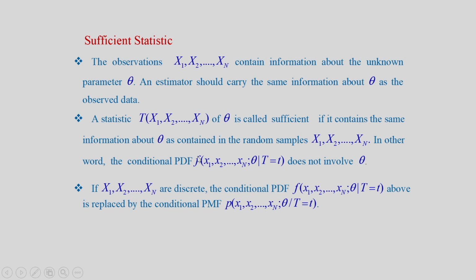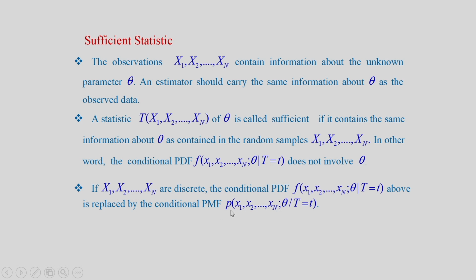If this conditional PDF does not involve theta, then we will say that this statistic T is sufficient. Now, in the case of discrete random variables x1, x2 up to xn, the conditional PDF above is replaced by the conditional PMF.